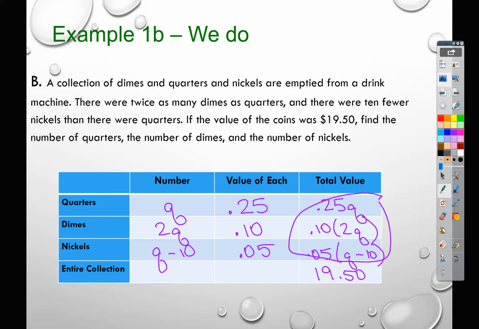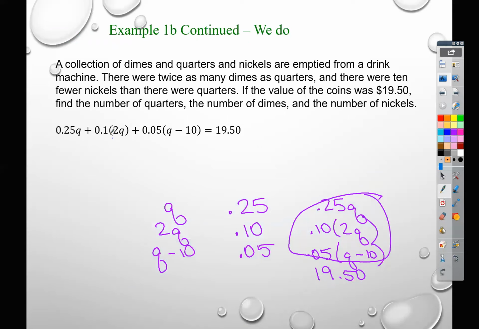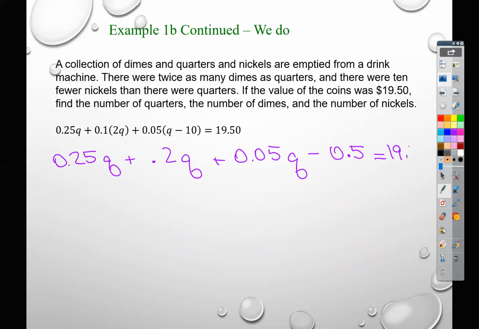So basically, I'm going to add up all our coin values and have them set equal to 1950. And you can see here from my work in the last slide, it's exactly what I wrote. So we're just going to go ahead and work that out now. 0.25Q plus 0.2Q plus 0.05Q minus, if I multiply this by 10, that would be 0.5, equals 1950.